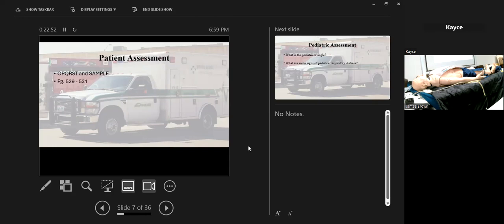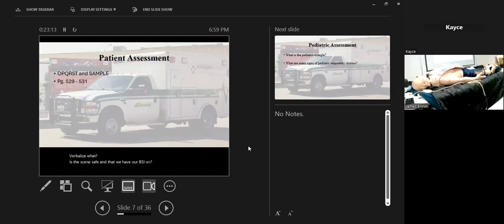Medical. Okay, so we're going to talk about your medical assessment sheet. You guys don't have to pull it out. You don't have it. We'll just go through it. So anytime you go on a call, you're going to verbalize what? Is the scene safe? And we have our BSI. Okay.